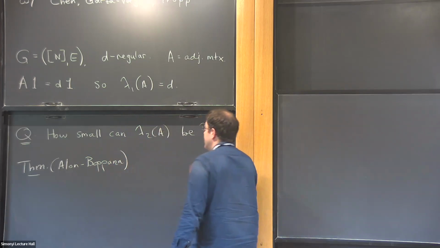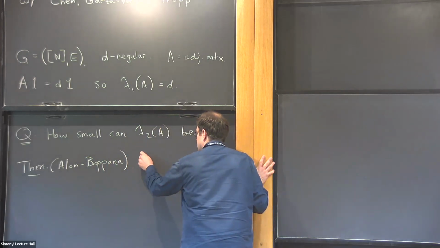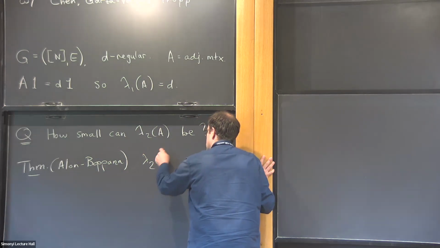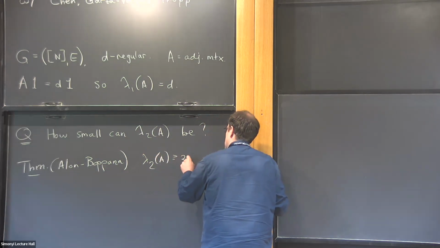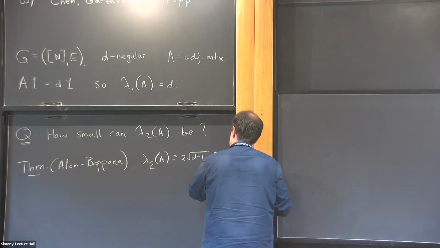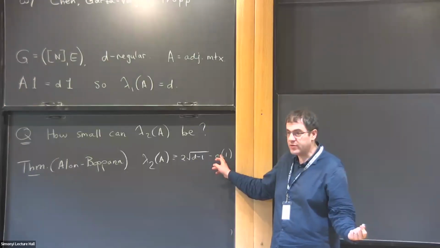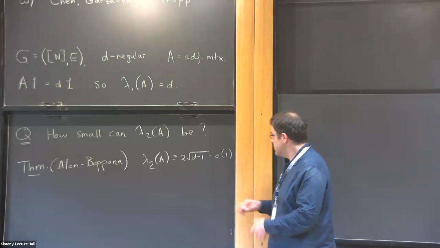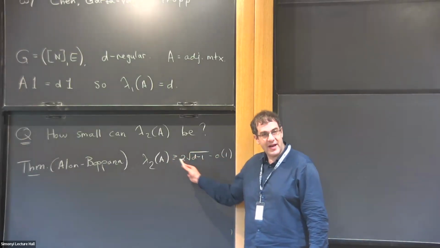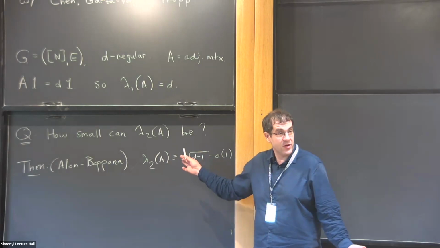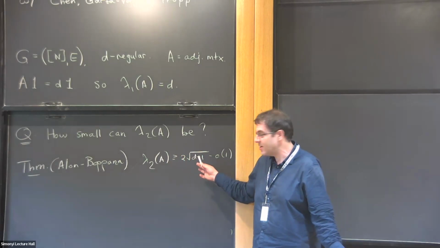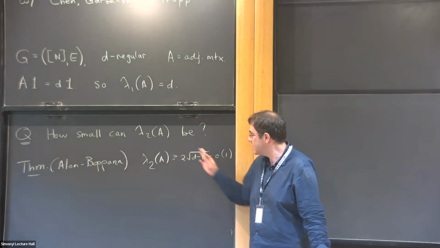It says that for any d-regular graph on n vertices, the second largest eigenvalue is at least 2 square root of d minus 1 minus little o(1), as the number of vertices goes to infinity with the degree being fixed. There's a kind of speed limit on how fast a random walk on a graph can converge to equilibrium. Right? It cannot happen too fast. There's a speed limit given by this lower bound on the second eigenvalue.